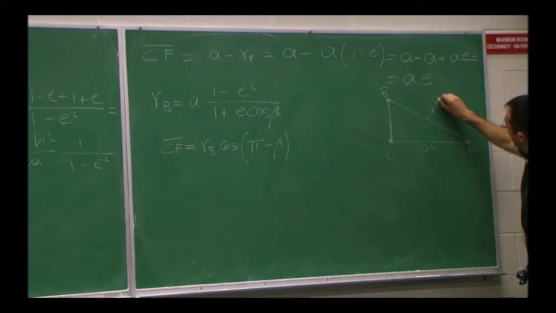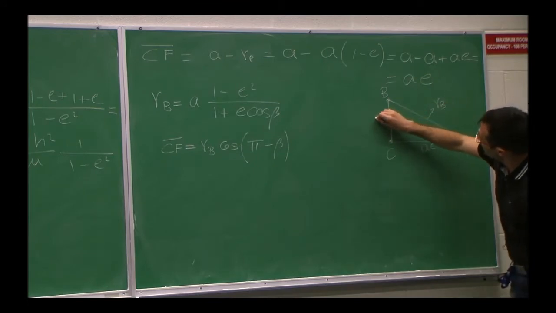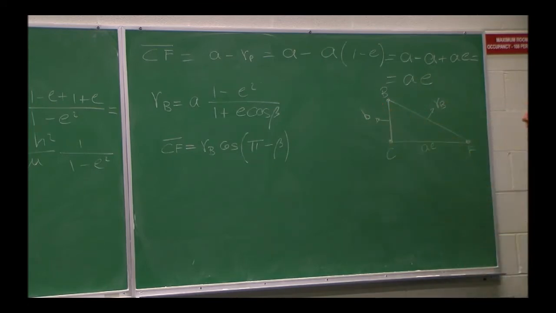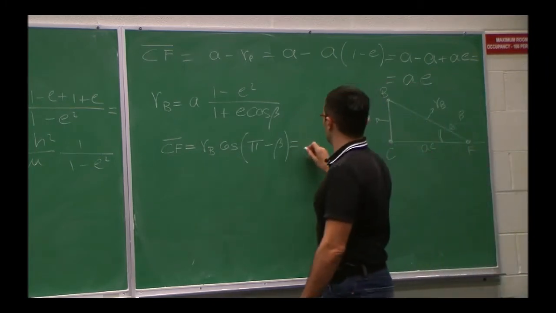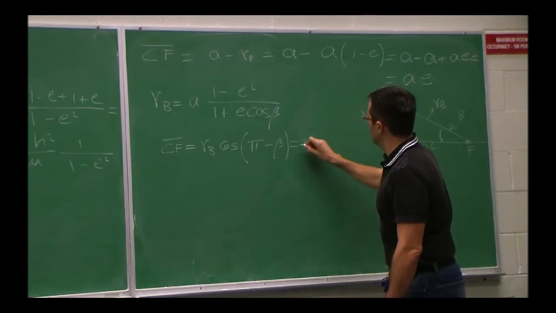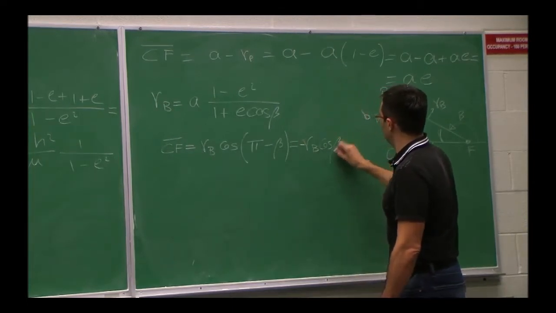This is what I'm calling RB, and this is what I'm trying to find, which is little b, the semi-minor axis. So CF is this length times the cosine of this angle, which is pi minus beta, right? Which is also equal to RB, the minus in front, cosine of beta.